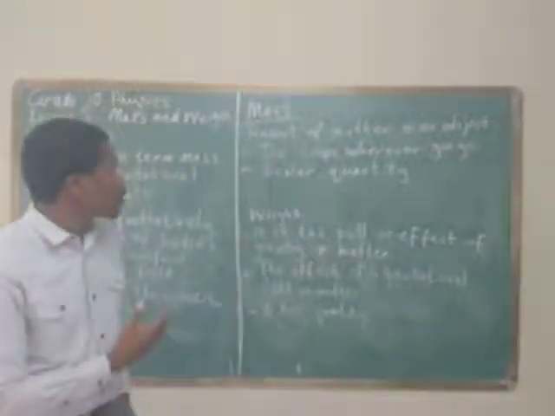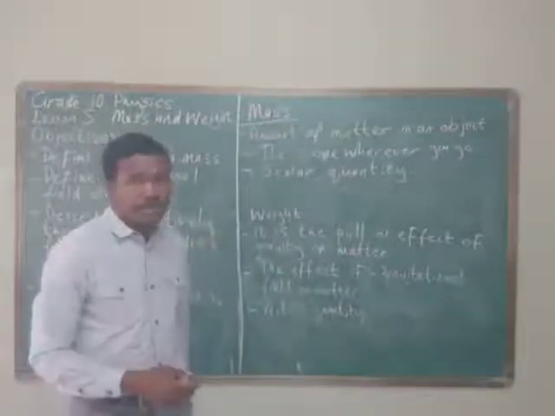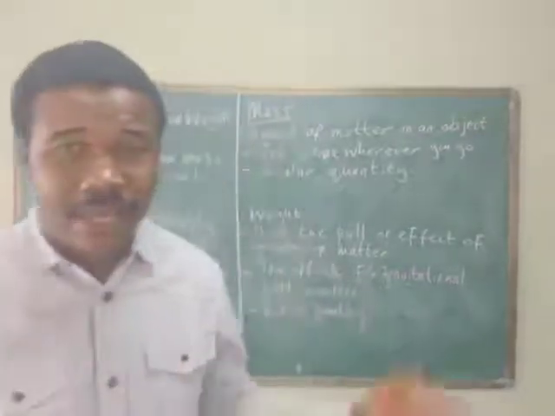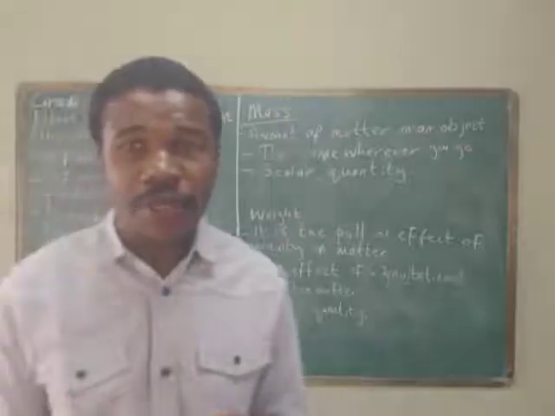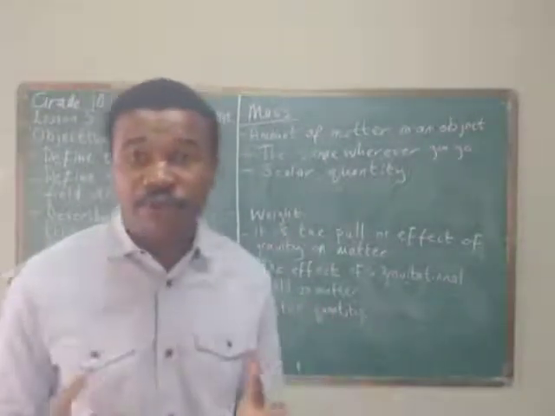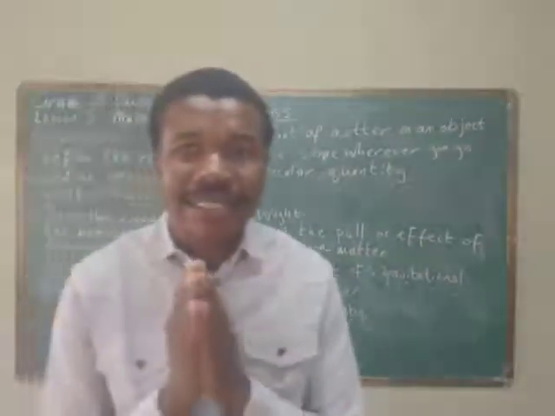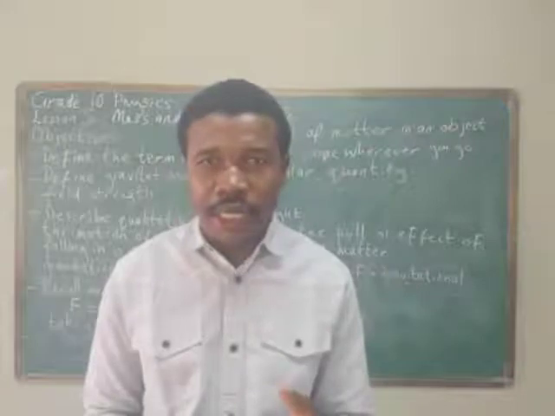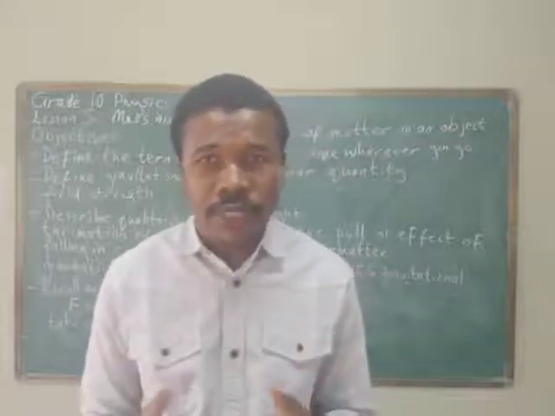Right, so on the board I have put some descriptions of the term mass and descriptions of the term weight. So we'll find that mass basically refers to the amount of matter that is in an object. So we know that objects are composed of atoms.